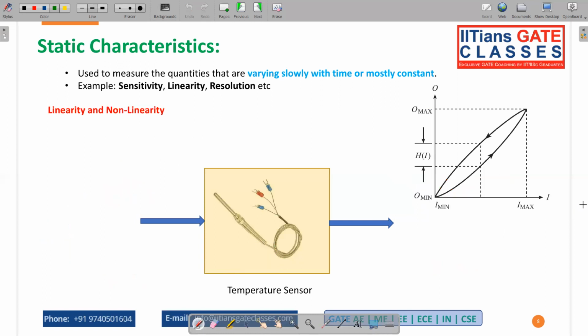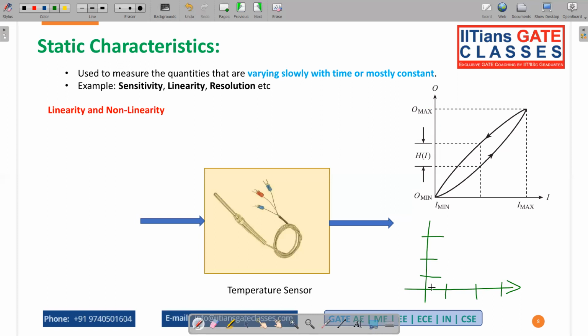The next terminology is linearity. Linearity and non-linearity are the two terms. If somebody asks whether the particular sensor you are using is linear or non-linear, how will you find out? It's good to plot the characteristics of the sensor. You can take two or three values of input and plot the corresponding output.